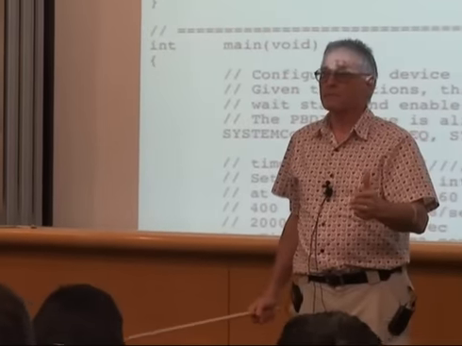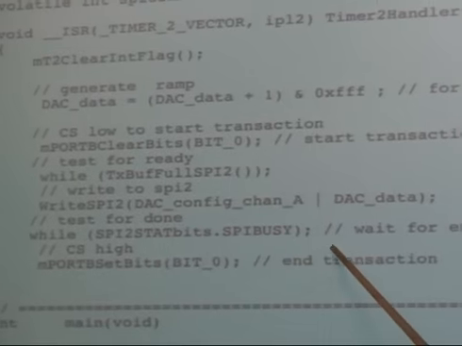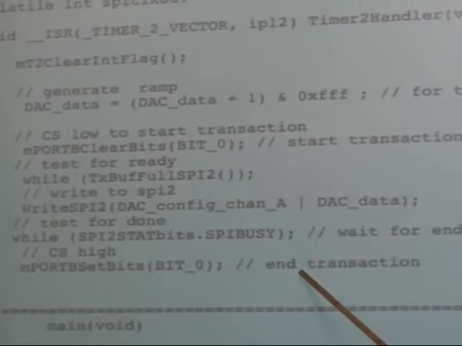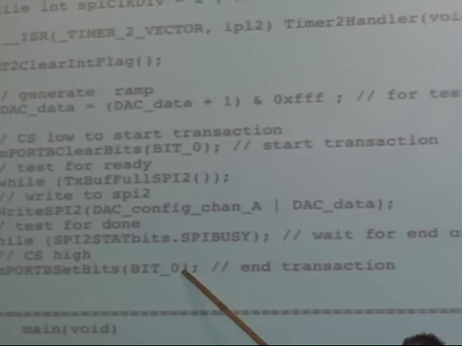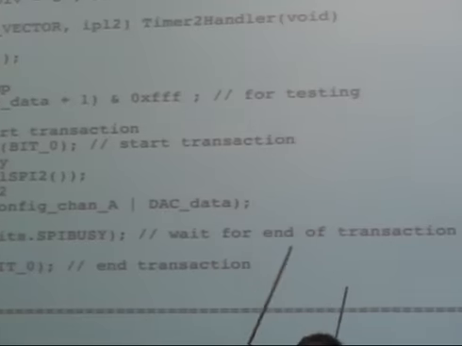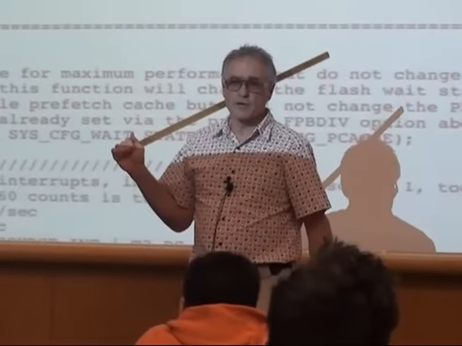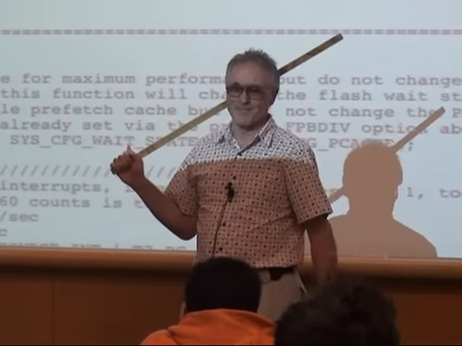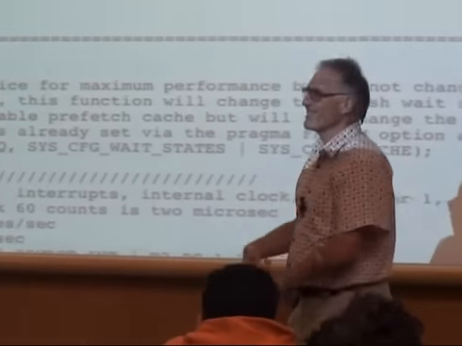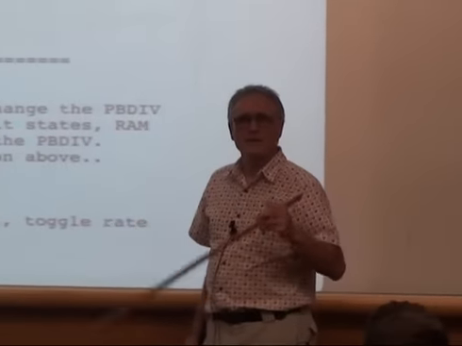Once it's been written, then you just wait for the busy bit to go low and end the transaction by setting bit 0. And you've just sent a value over the DAC. Straightforward. Mercifully straightforward. Any questions? Yes?